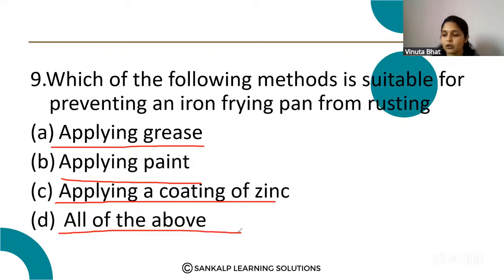Option D, all of the above. Here all of the above. Applying grease and applying paint also prevent the rusting, and applying a coat of zinc also prevents the rusting. So all of the above is the correct answer.